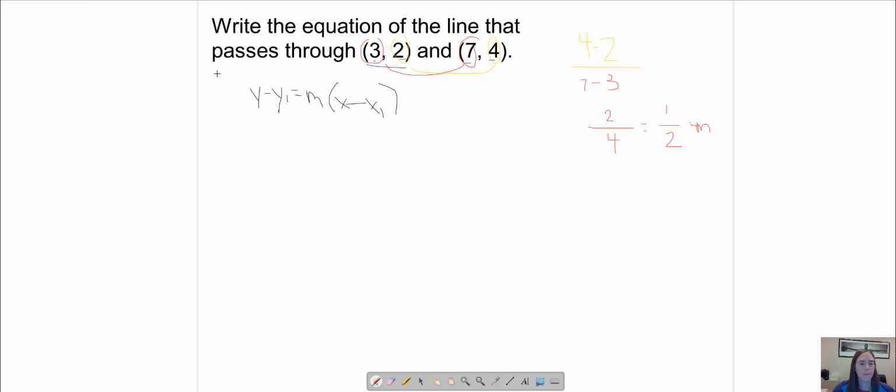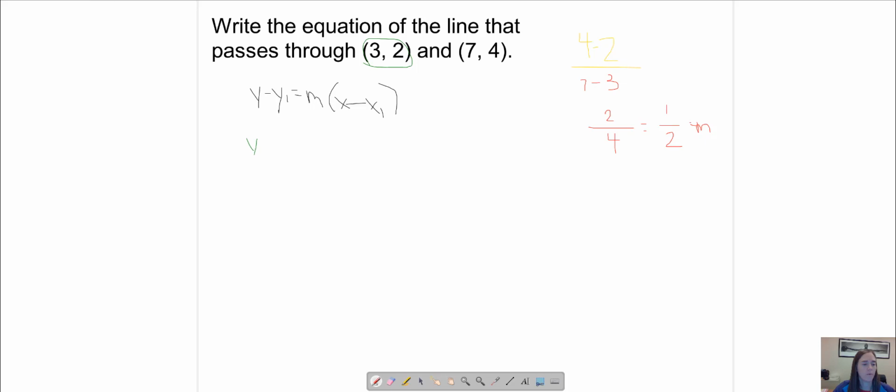Then we're going to take our slope and one of these points and put it into this equation. I'm going to go ahead and use this point right here, but it doesn't matter which one you use. You could use this point and it would end up being the same thing.